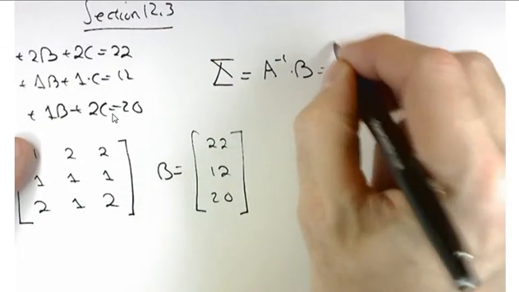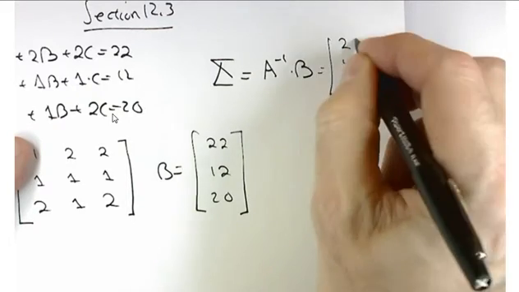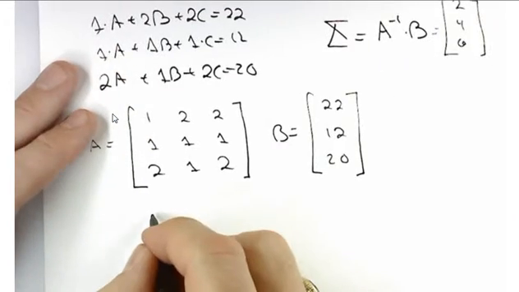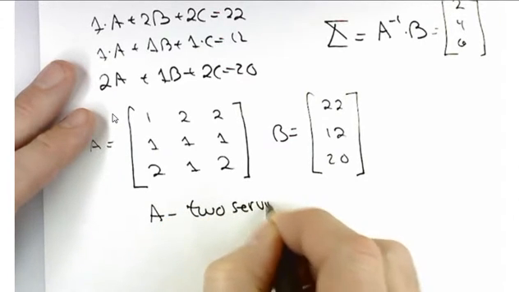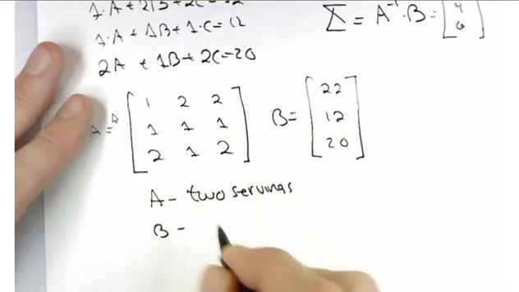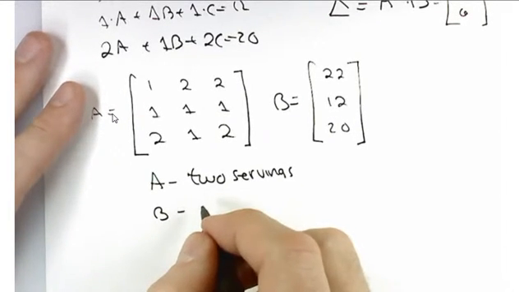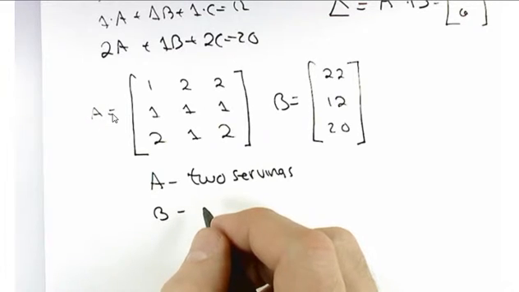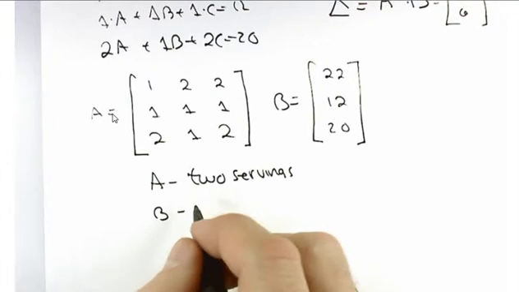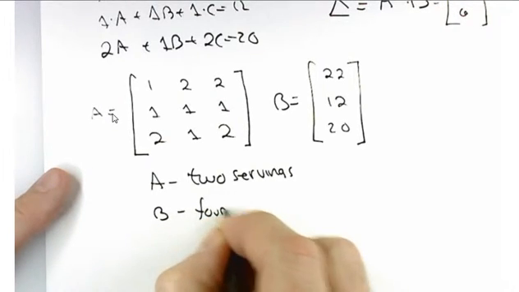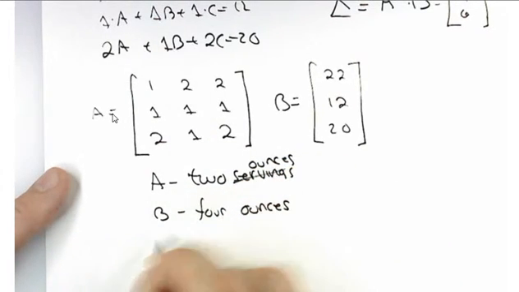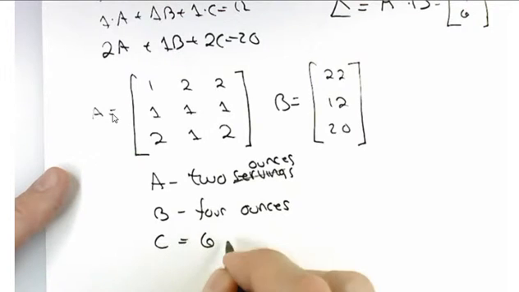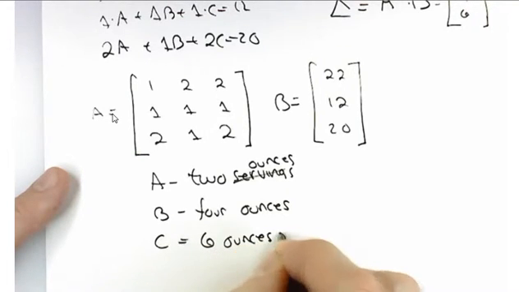So I need 2 servings of A, and then let's see, 4 ounces of B, and finally, 6 ounces of C.